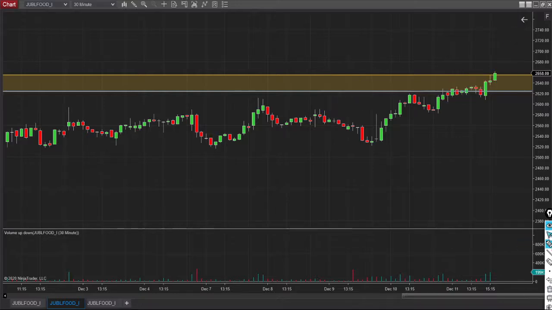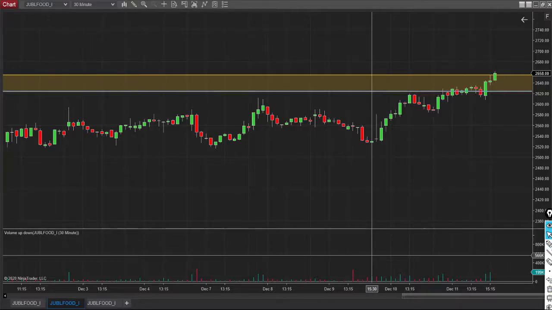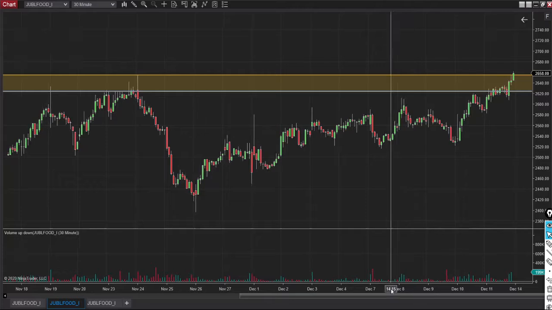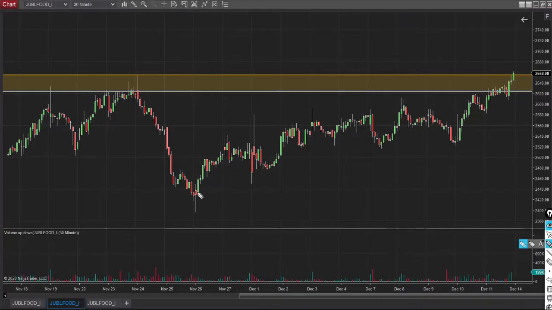And remember, I am not saying this only because price crossed it. Look at the auction in between which developed here. Price came down and went up again, came down, up, down, up, down. Look at the pattern which is developing here.